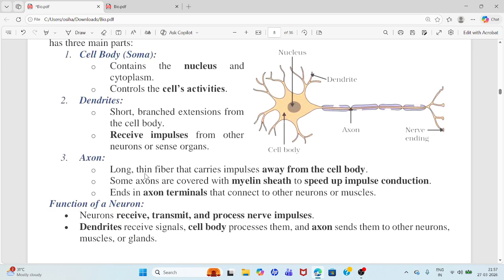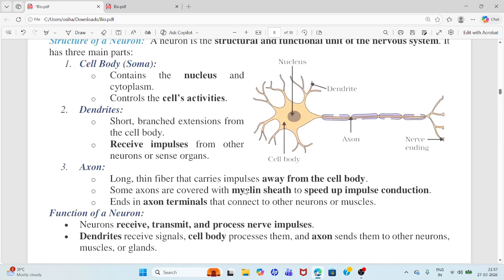Axon is a long thin fiber that carries impulses away from the cell body. It is covered with myelin sheath to speed up impulse conduction. It ends in axon terminals to connect to other neurons or muscles. So learn this.